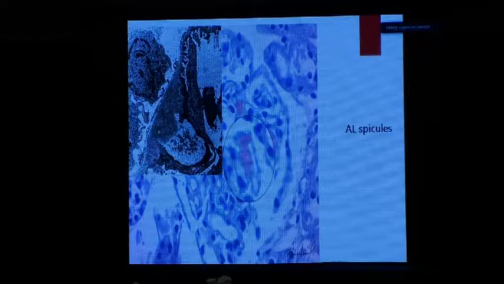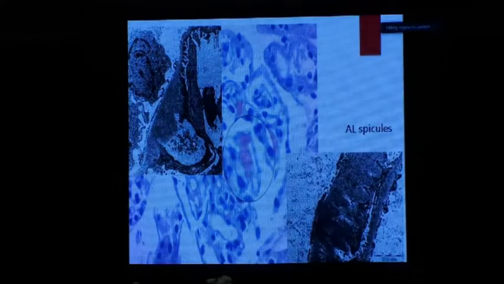You can hardly see it within the glomerulus, and this is what the AL spicules look like. This is what we call AL spicules by electron microscopy, and it is characteristic of AL amyloid. Again, these are very rare and very early AL amyloid deposits within the kidney. These patients are misdiagnosed as minimal change disease, and their AL amyloid is usually missed.